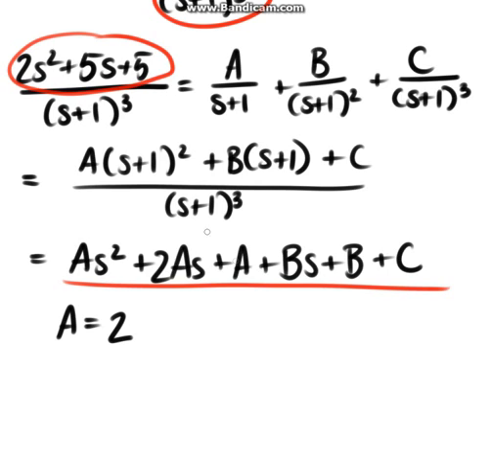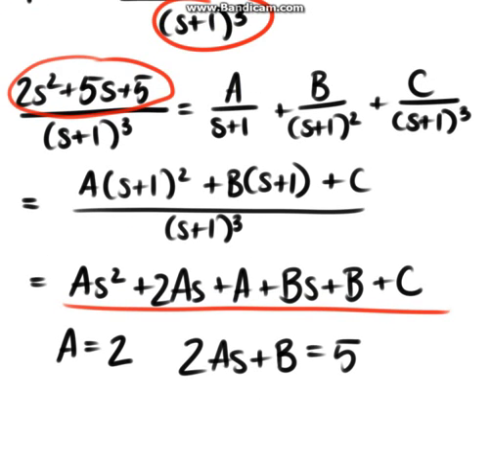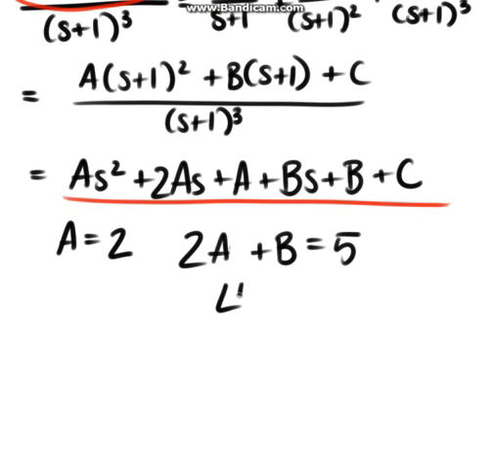Therefore the coefficient 2A plus B must equal the coefficient 5 from the original numerator. Since A is 2, it turns out to be 4 plus B equals 5, therefore B equals 1.